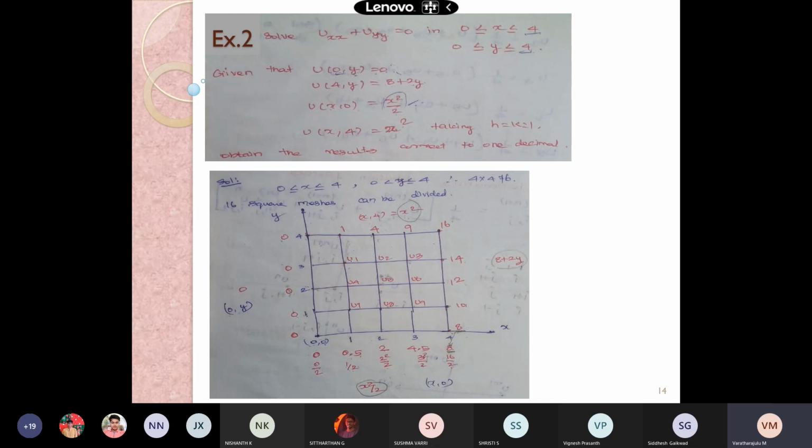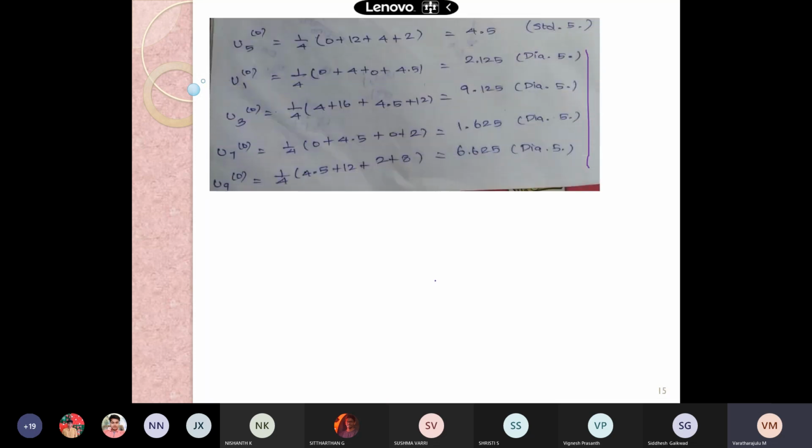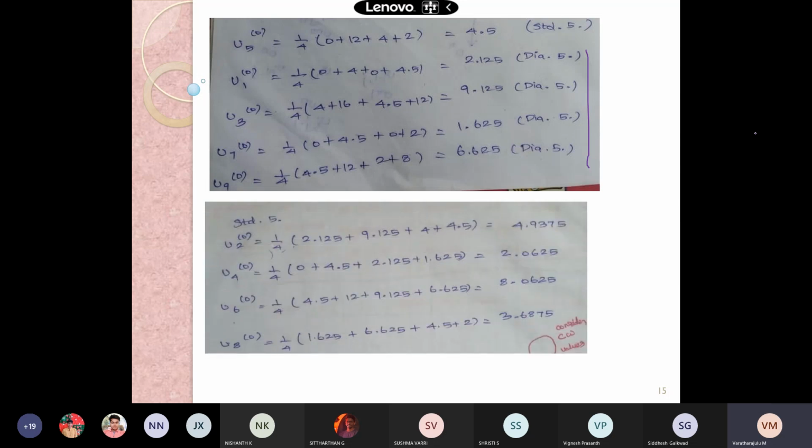U2 is calculated with the aid of U1, 4, U3 and U5. U5 we know is 4.5. The other term is 4. We need to apply U1 and U3, which are calculated here: 2.125 and 9.125. The 4 is given at the top, and 4.5 is our U5.